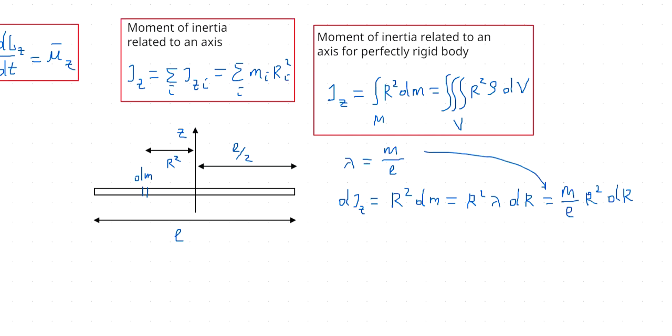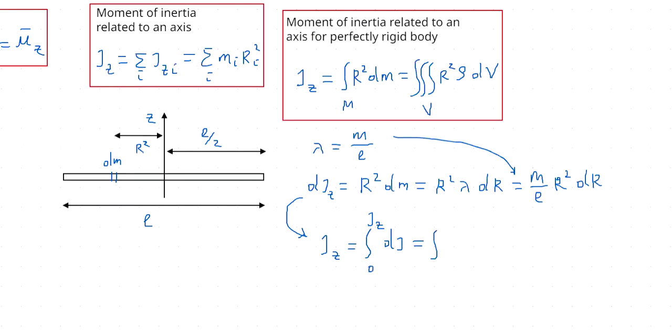And from here we can obtain that the moment of inertia I z is equal to the integral from 0 to L of dI, and this is equal to the integral from minus L divided by 2 to L divided by 2.